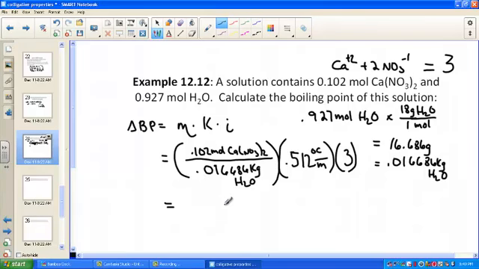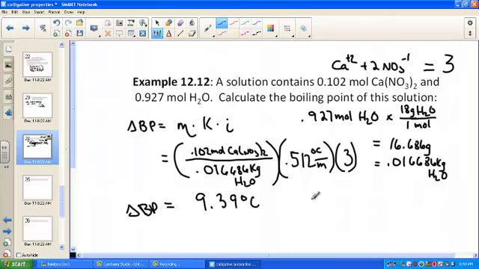I'm going to re-hit because I don't believe my answer. 0.102 divided by 0.016686 times 0.512 times 3. Yeah, that looks better. I have 9.39 degrees Celsius.